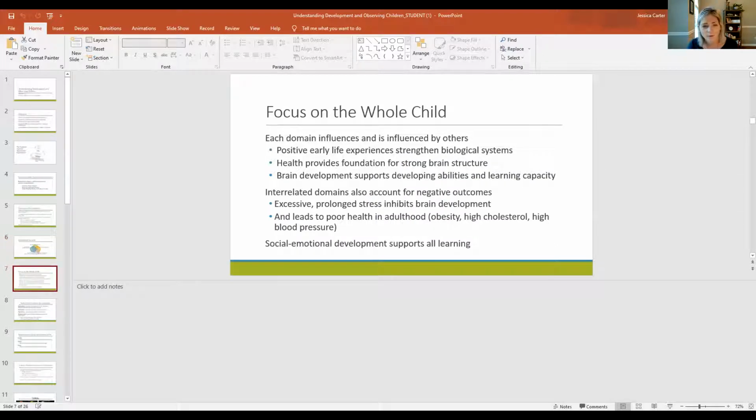Another idea that I want you to be aware of when we think about development and the concepts related to it is that we have to focus on the whole child. I just alluded to this in my discussion of the different domains, but each domain is influenced by and also influences other domains of development.